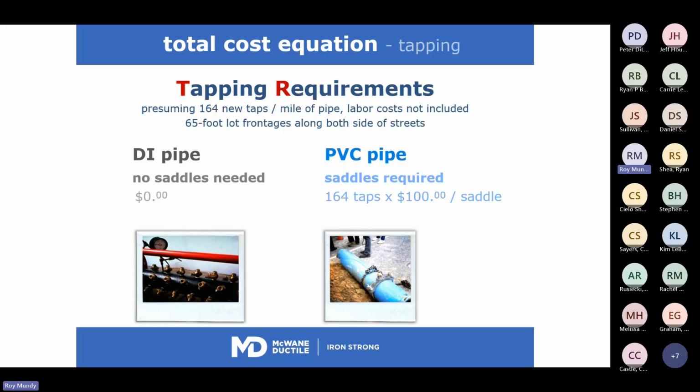And so when he bids a particular project and that project has a line of taps on it, he will include $100 for each tap for a tapping saddle, and nothing for ductile iron pipe. And of course, that does not include the labor to actually put the saddle on the pipe. That's just the tapping saddle cost itself.